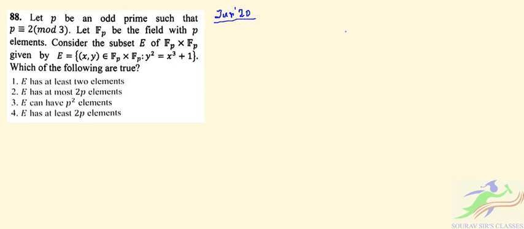Consider the subset E of Fp cross Fp given by E is the set of (x, y) belonging to Fp cross Fp, and the equation is y square is equal to x cube plus 1. So let us consider which of the following is true.